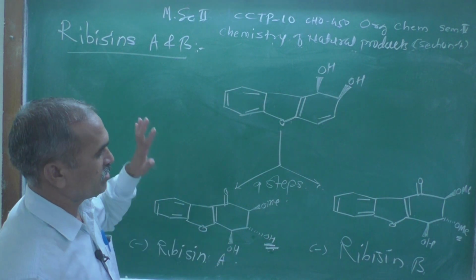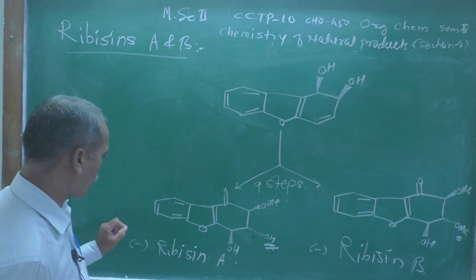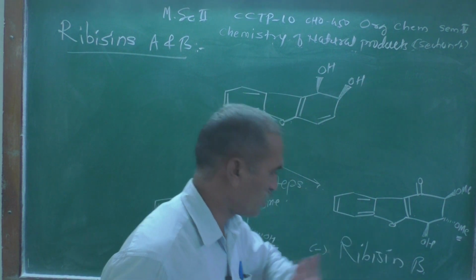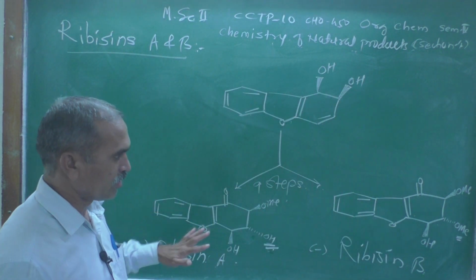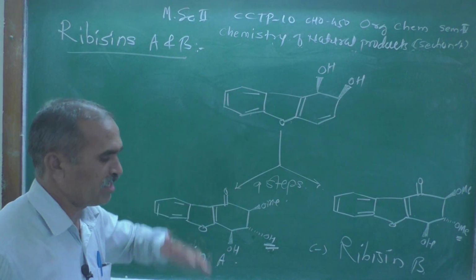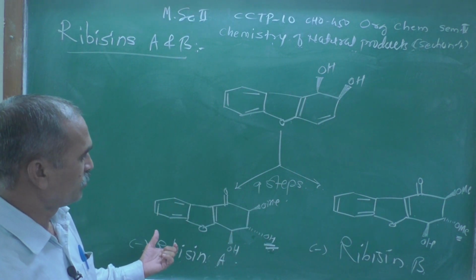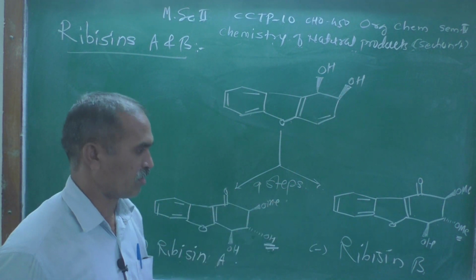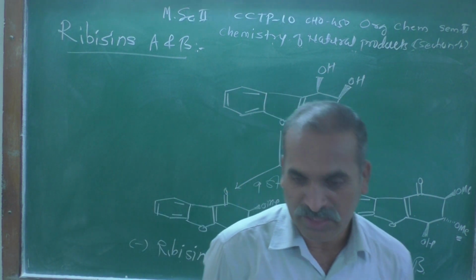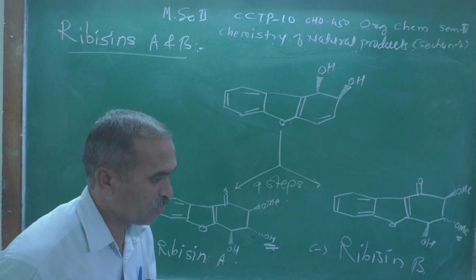Final product means our target molecules: one is ribosine A and the second is ribosine B. After carrying out the 9 steps, we obtained these products.